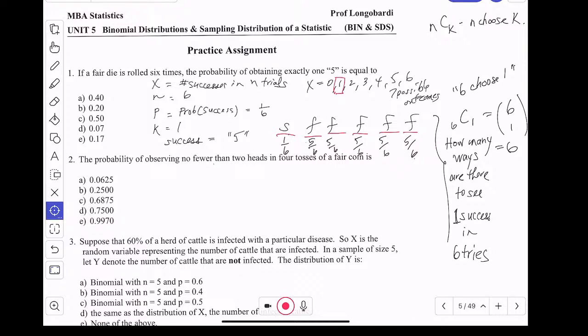So I multiply all those together. And I'll make that look nicer by using 5/6 to the power 5 and 1/6 to the power 1. And then I have to multiply this by 6 choose 1 because there's 6 ways of doing that.